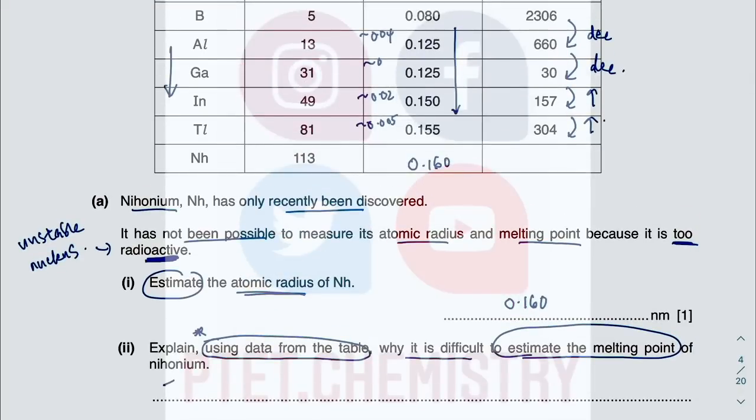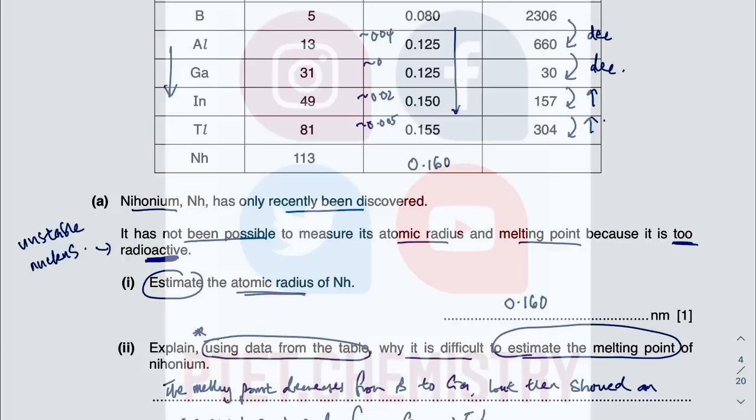So the melting point decreases from boron to gallium, but then showed an increasing trend from gallium to thallium.